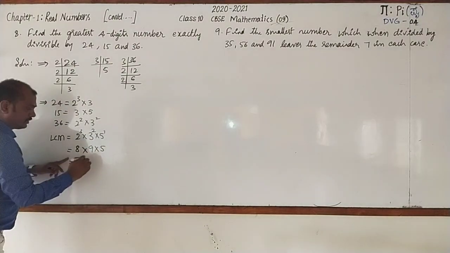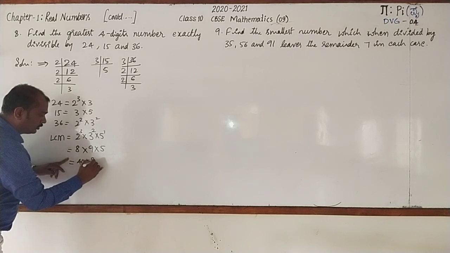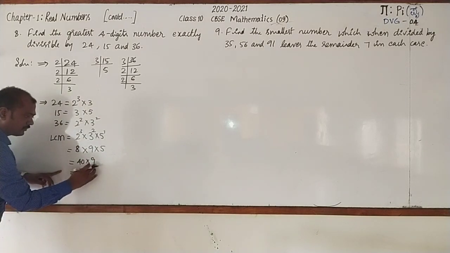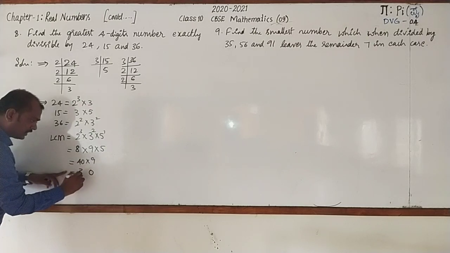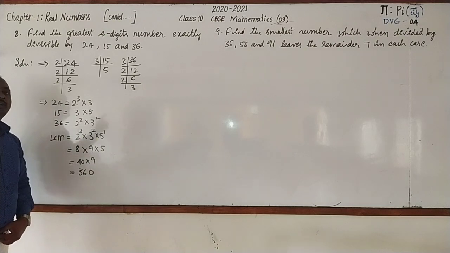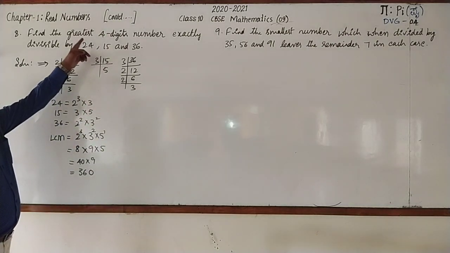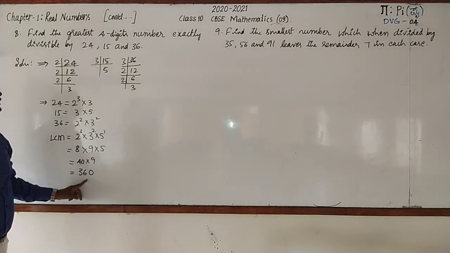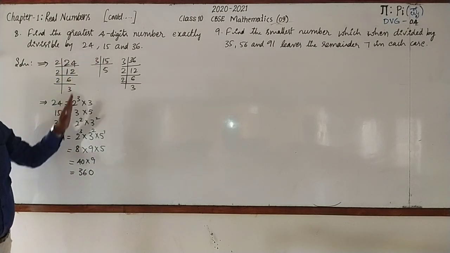Now 8 5s are 40, into 9. 9 0s are 0, 9 4s are 36. 360. Then do you say that it is the greatest 4-digit number which is divisible by these three numbers?